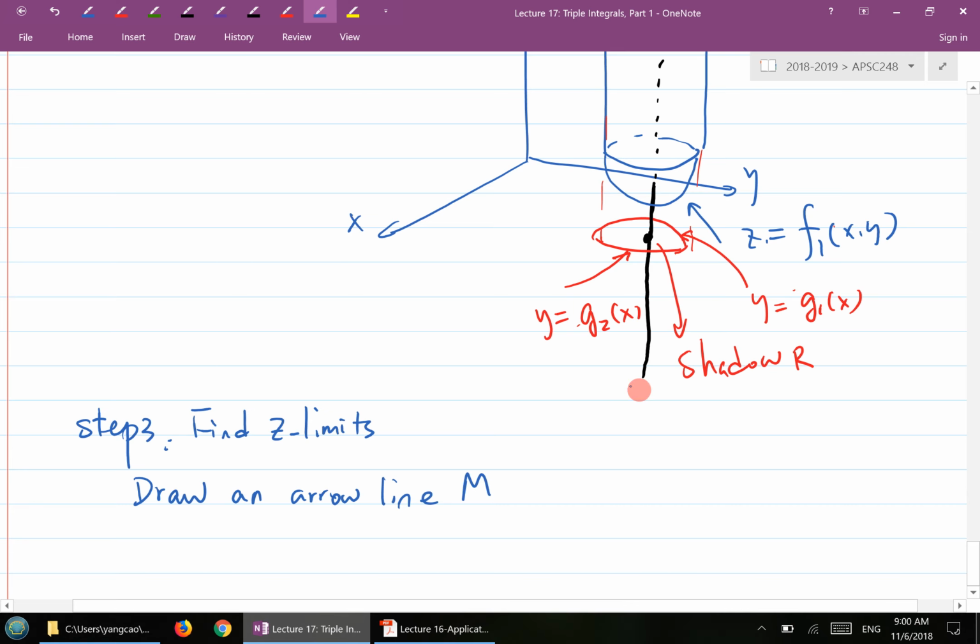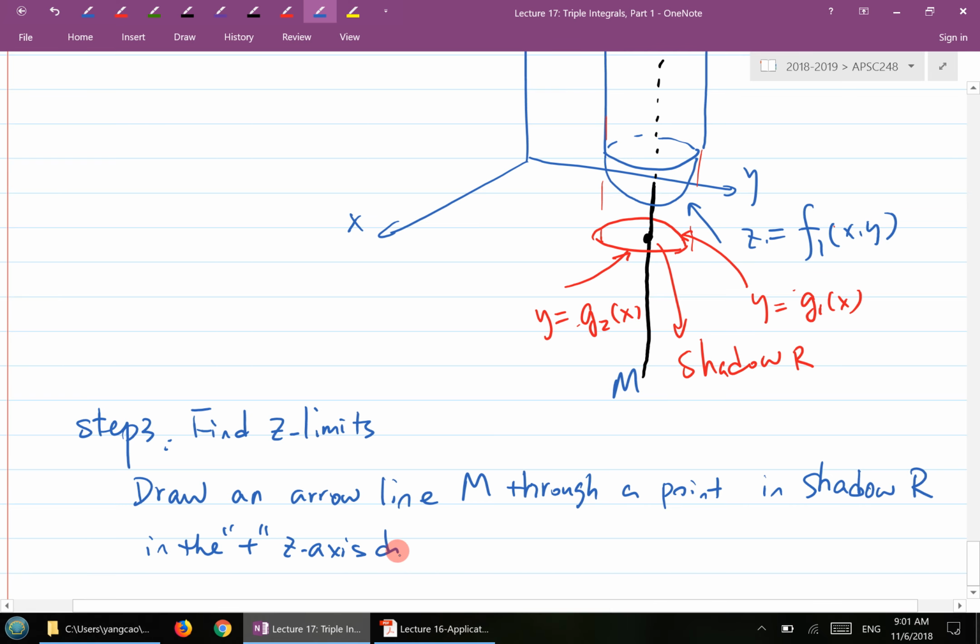Let's call this M, and here draw this arrow line M through a point in shadow R, in the positive z-axis direction.